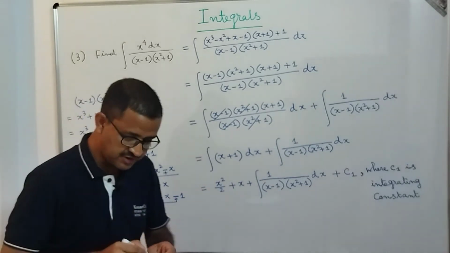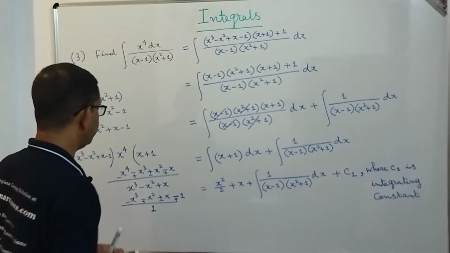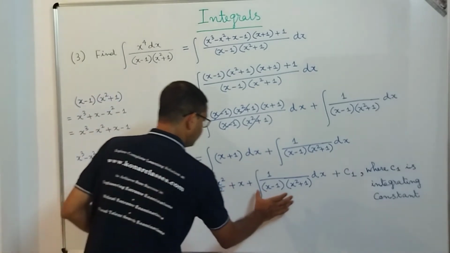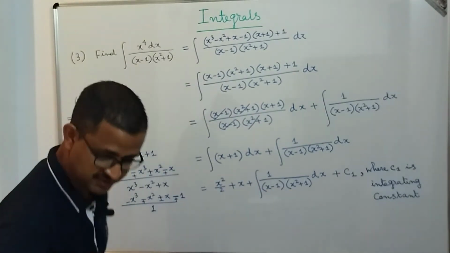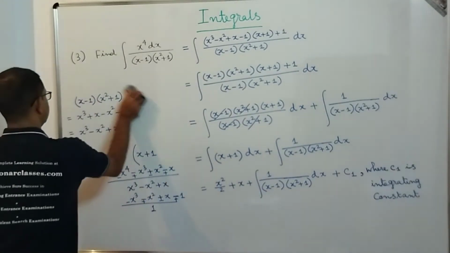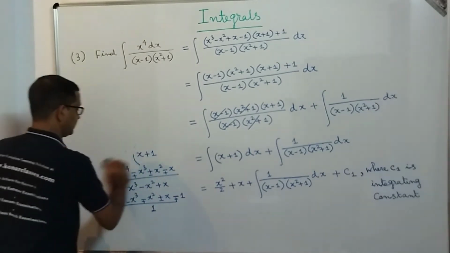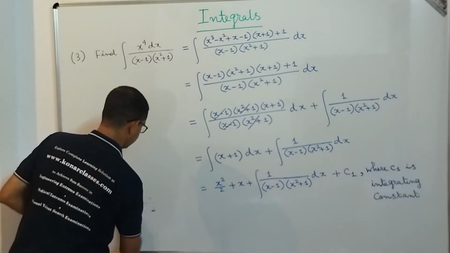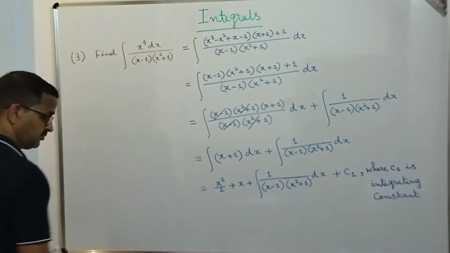So the given integration is now this. So what do we need to do, dear students? We need to find the value of this integration. So let me write it here. Okay, so the given integration, as we see, is equal to this. So let me write it down.